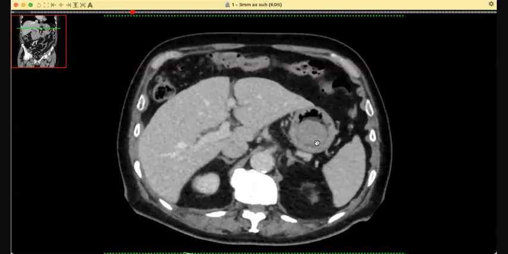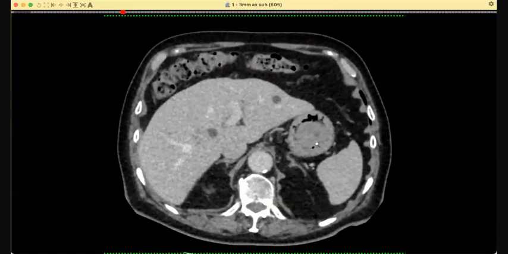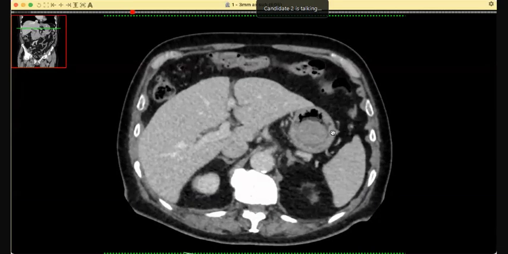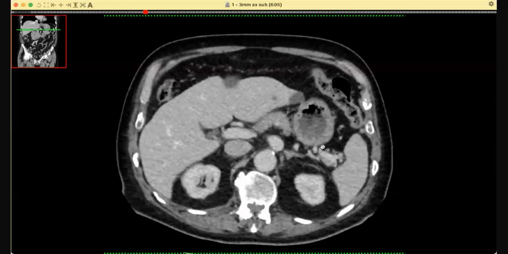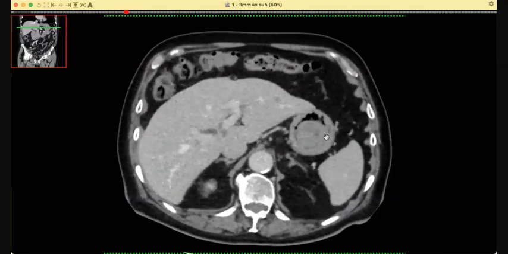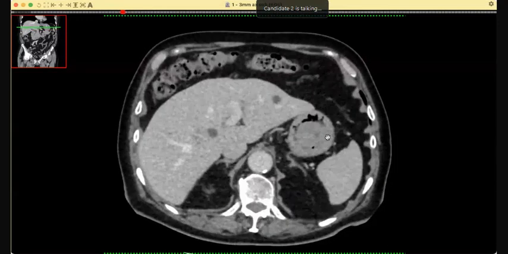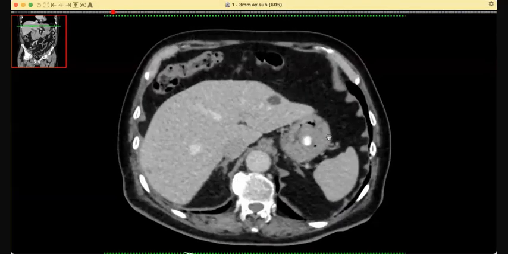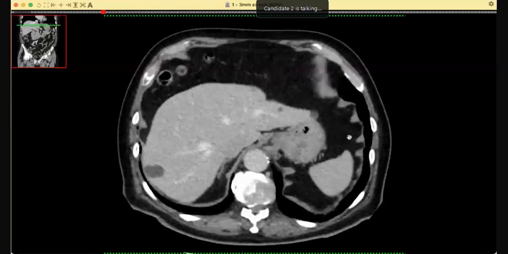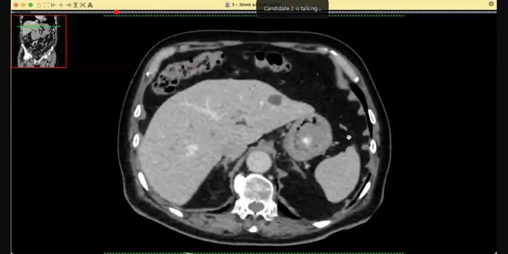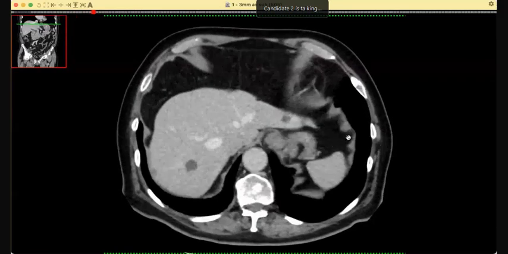It is well defined. So what can it be? Give me the differential for this. If it is growing exophytically, I would think of GIST, but it's growing within the lumen, so I would think of an adenocarcinoma of the stomach.